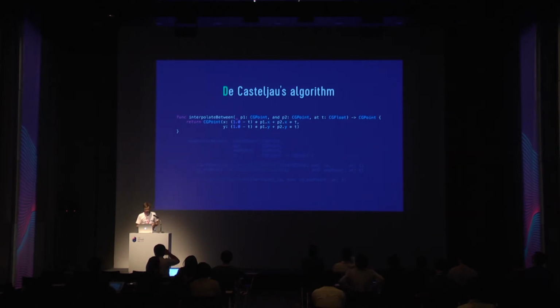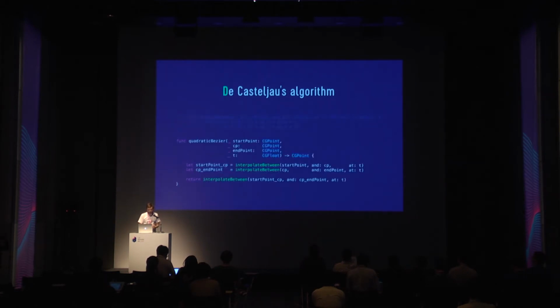It basically interpolates between P1 and P2 over t, where t is, as mentioned before, between 0 and 1. All we need is a start point, control point, and t. We do this between the start point and control point, and between the control point and end point. This gives us two points, which we interpolate again. And that gives us the final point on the curve we are looking for.